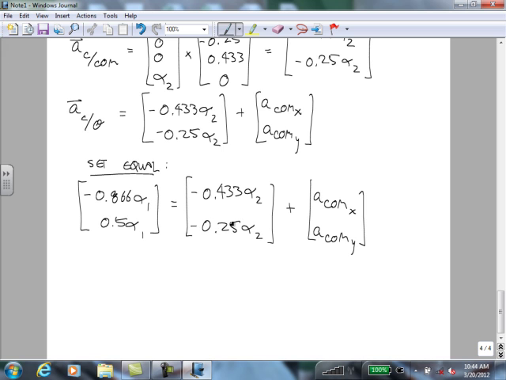So that's equations 5 and 6. Any questions about that?